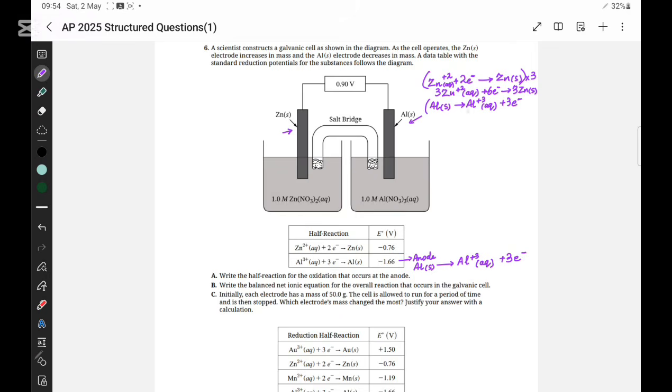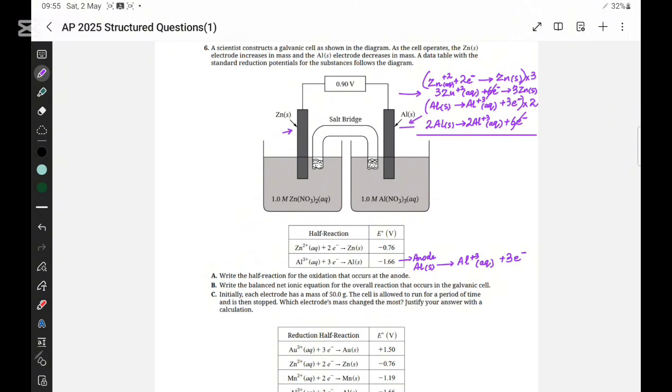The aluminium reaction will be multiplied by 2 because the loss of electrons must be the same as the gain of electrons. So it becomes 2Al solid forming 2Al3+ in aqueous form plus 6 electrons. We add these two equations together, and the 6 electrons from the right-hand side and 6 electrons from the left-hand side cancel.